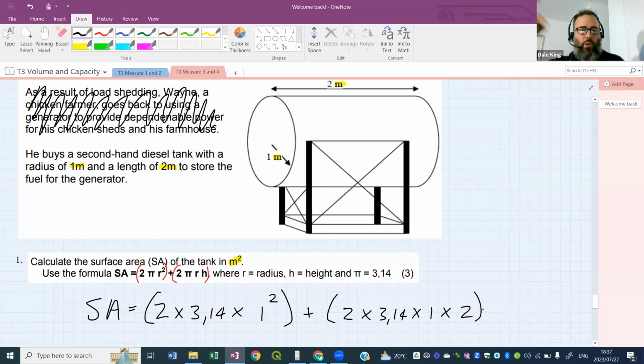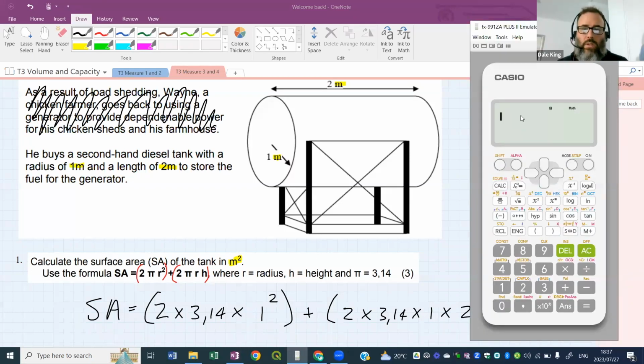Plug and play. You put all the numbers in, pull out this device that you paid for, and it must come work for you now. All right, so here we go. 2 times 3.14 times 1 squared. We all know 1 squared is 1, but let's just do it anyway. 1 squared, and I'm adding that to the second half of this, which is 2 times 3.14 times 1 times 2.